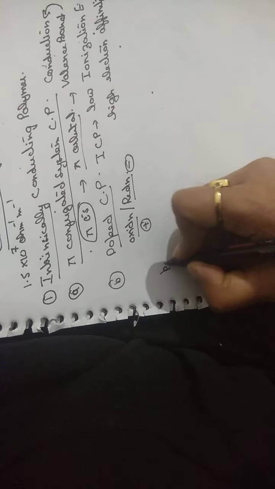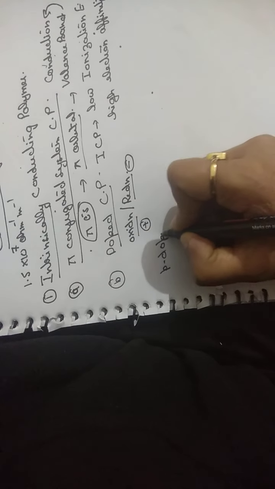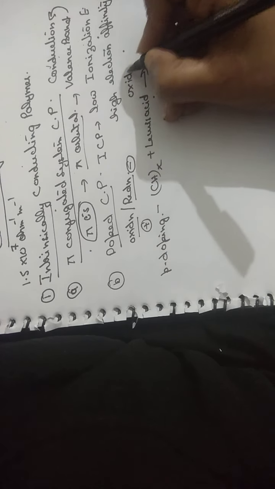The first is p-doping. P-doping means we have a polymer, and this is treated with a Lewis acid. This is the general structure of the polymer. When it is treated with Lewis acid, it undergoes oxidation, and when it undergoes oxidation, the polymer backbone develops a positive charge.